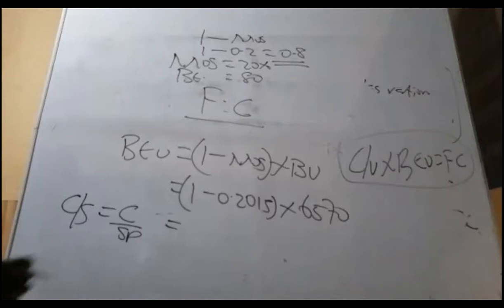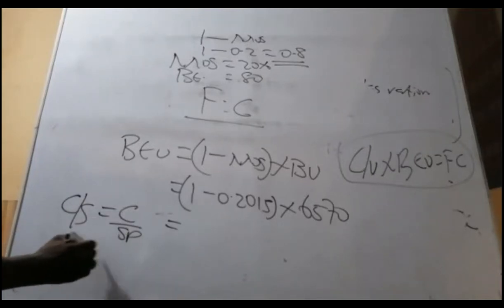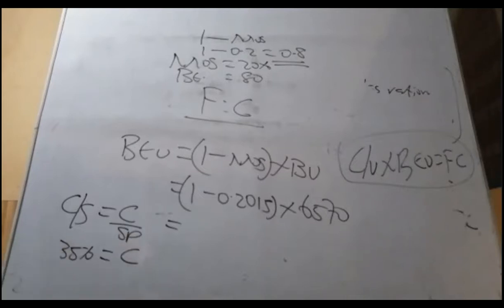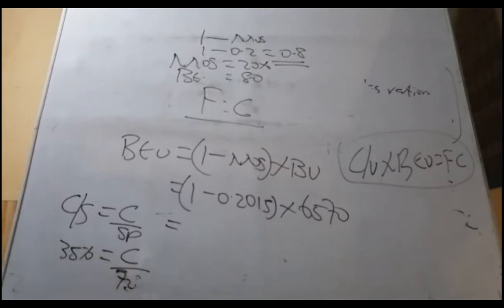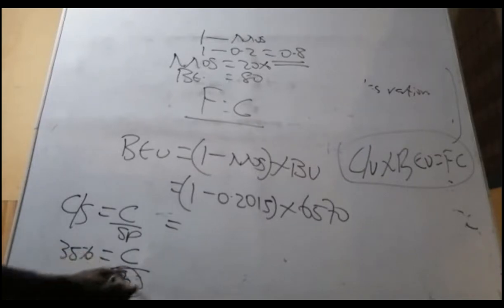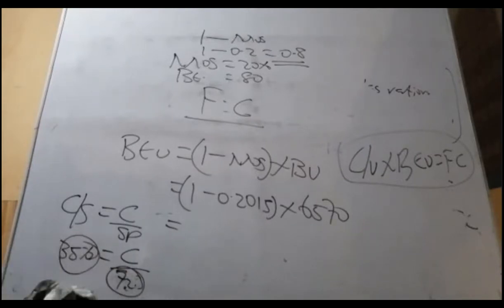Okay. Now you're looking for the contribution per unit. We know the CS ratio to be 35%. It's equal to contribution per unit, we don't know, all divided by selling price. The selling price is 72 Ghana cedis. So in short, if you multiply the selling price by the contribution to sales ratio, it will give you what?